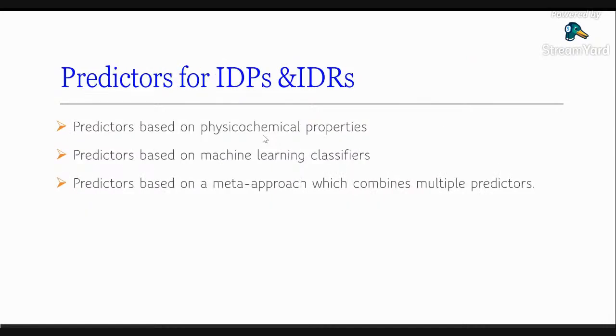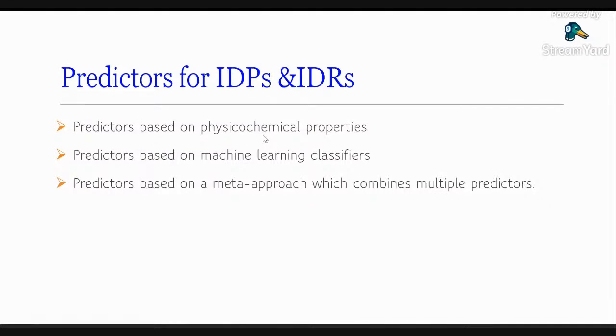If you look into the literature, you will find a number of predictors for IDPs and IDRs. If you generalize and classify these predictors, there are three basic classes. The first one is based on physicochemical properties.